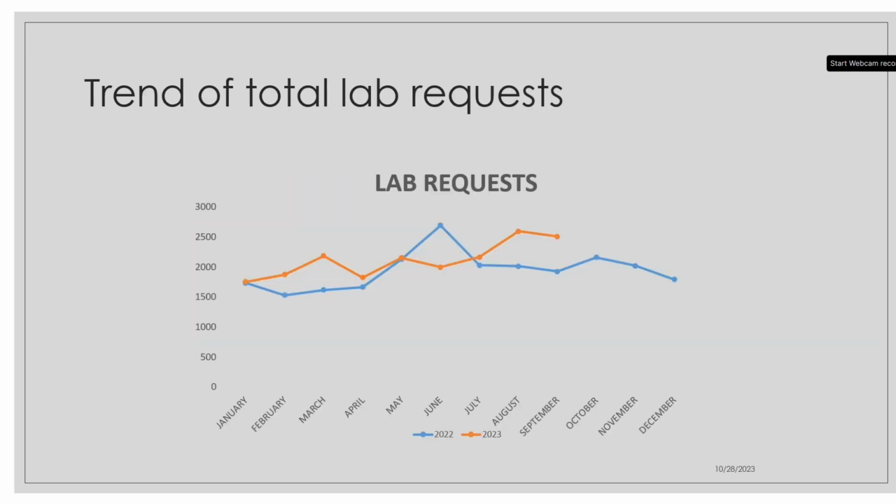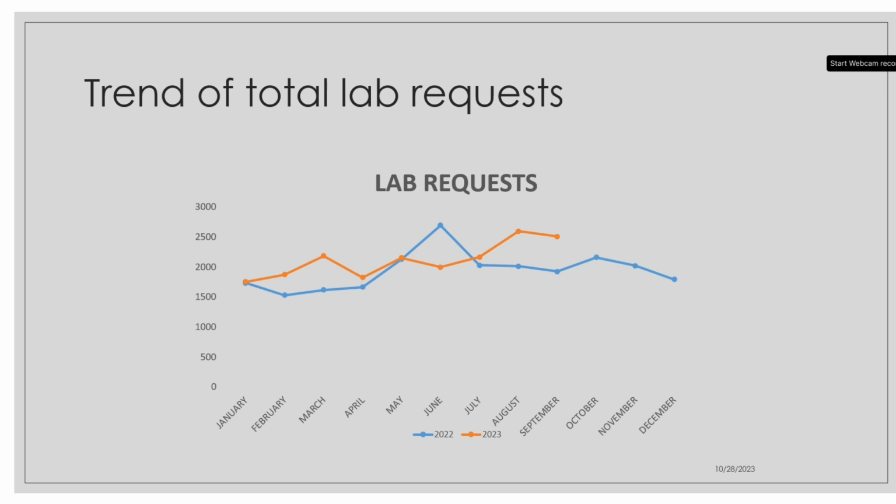We can also look at the trend. So this is a graph on the lab request, the total lab request of a hospital to the lab, and it's being compared between 2 years. So the blue line is 2022 and the orange line is 2023.